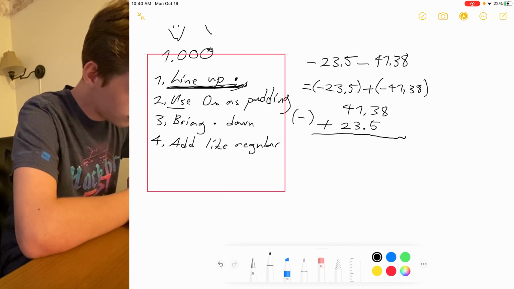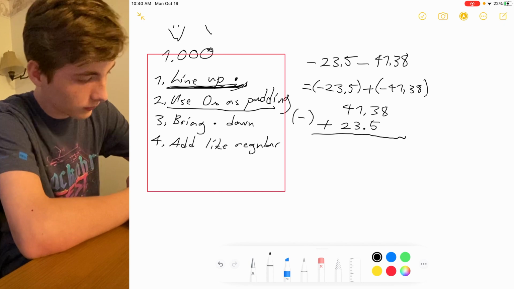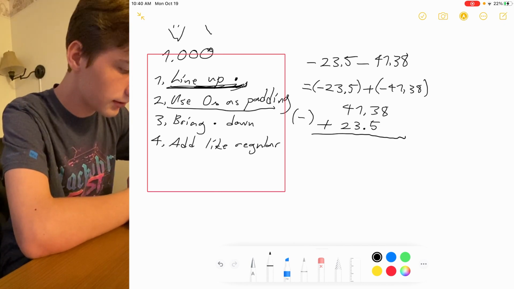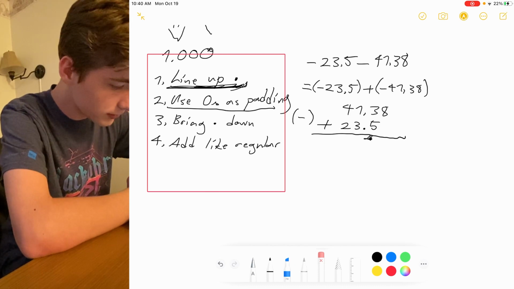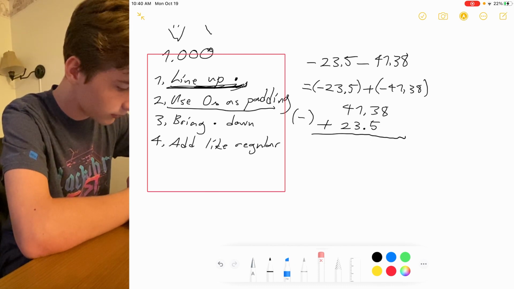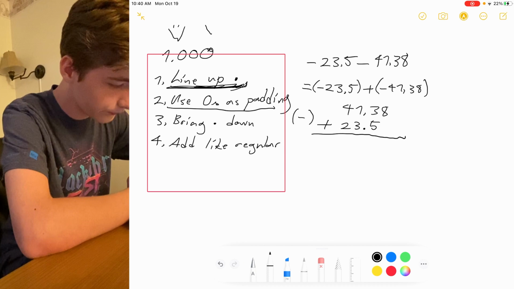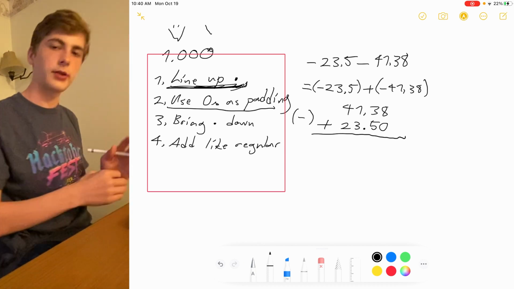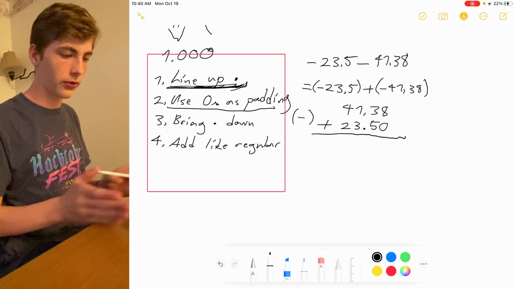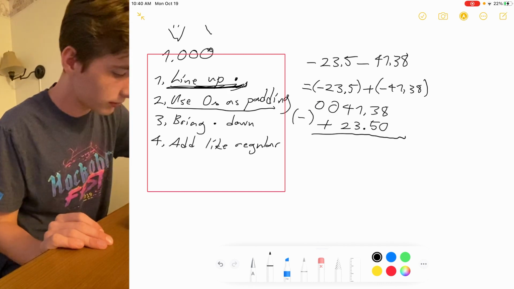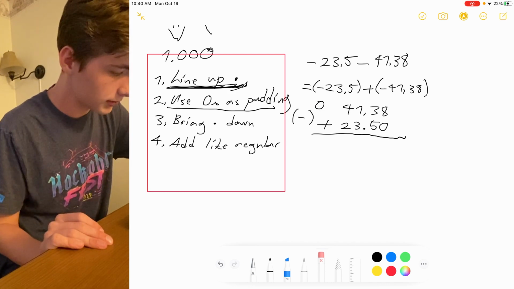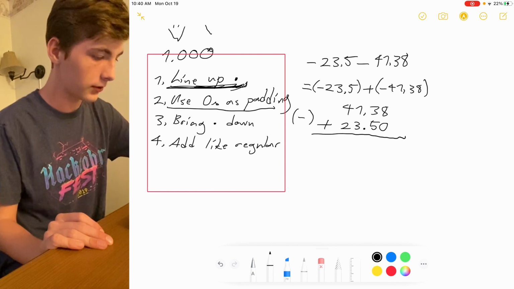Next, we're going to use zeros as padding. What that means is, you can see this number down here is shorter than the number on top. Well, it turns out with decimals, you can add as many zeros as you want to the end, and it won't change anything. So we're just going to add a 0 right there. So now they're both the same length. You cannot necessarily add zeros to the front of a number. We just don't do that.